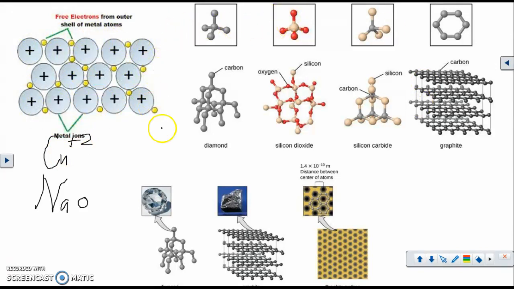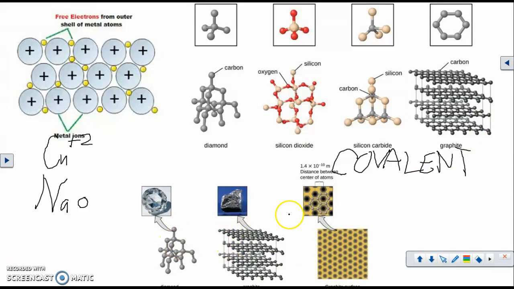Okay, and then we have other things. We actually have covalent solids as well. You're probably aware of a very expensive covalent solid. It's called diamond. Okay, FYI, folks, the structure of diamond and the lead, or graphite, in your pencil is actually the same.